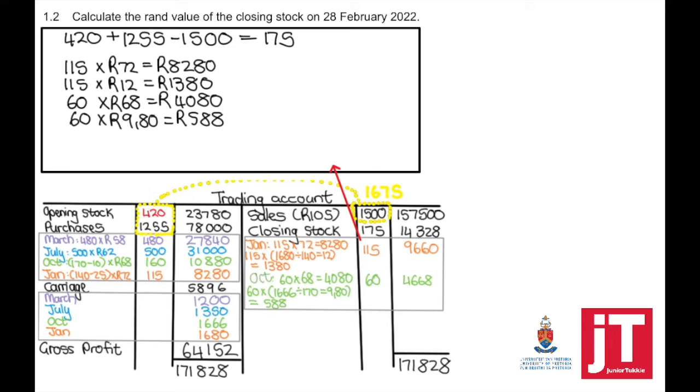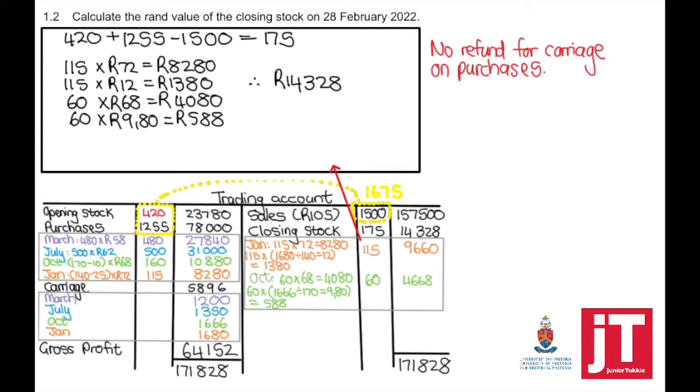A reminder, we first had to calculate what is the number of units left over or kilograms. Then using FIFO, we need to start with our most recent purchases and work our way up. Looking at your calculation, if you said 115 times and you've added those two together, it is 100% fine.